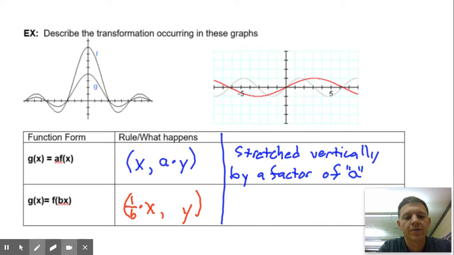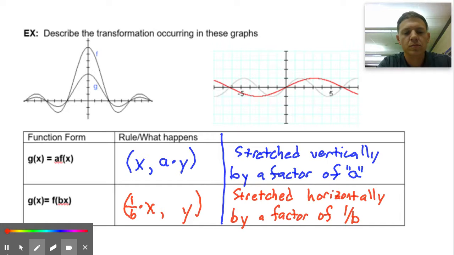It's a little tricky. We take 1 over b and multiply that by our x. And that stretches horizontally by a factor of 1 over b, like you see there.